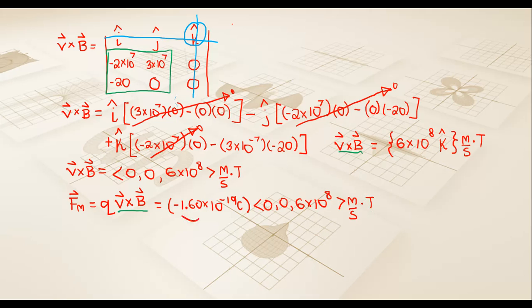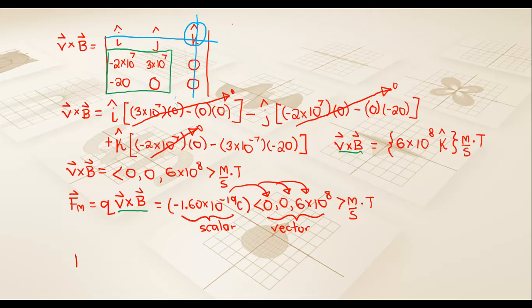Now, this guy right here is a scalar. So just to finish this off, we're multiplying a scalar times a vector. If you take a scalar constant and multiply by a vector, all you do is multiply it by the x component, the y component, and then the z component.